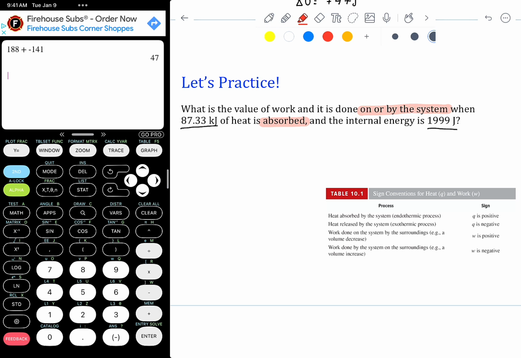So what I want you to do is pause the video, think of what the first thing that you have to do is in this problem before you even think about the language. Do that, and then come back.